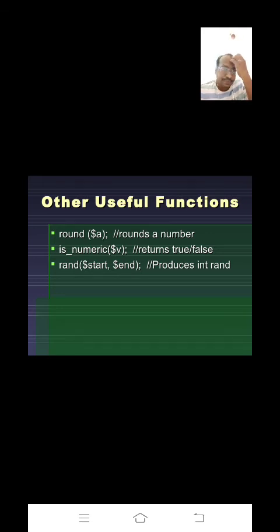Is numeric checks whether the value passed to this method is numeric or not. If the passed value is numeric, you will get true. If you pass a value other than a number, you will get false. Finally it returns a boolean value, either true or false, depending upon the value passed into this method.